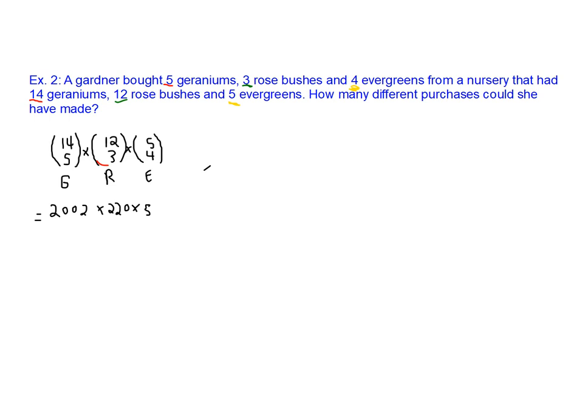So we multiply that all out, and we get 2,202,200. So that's how many different purchases she could have made from the plants that were at the store, based on the number of plants that she wanted. So that's a quick introduction to combinations, as well as an example of when you might use combinations.